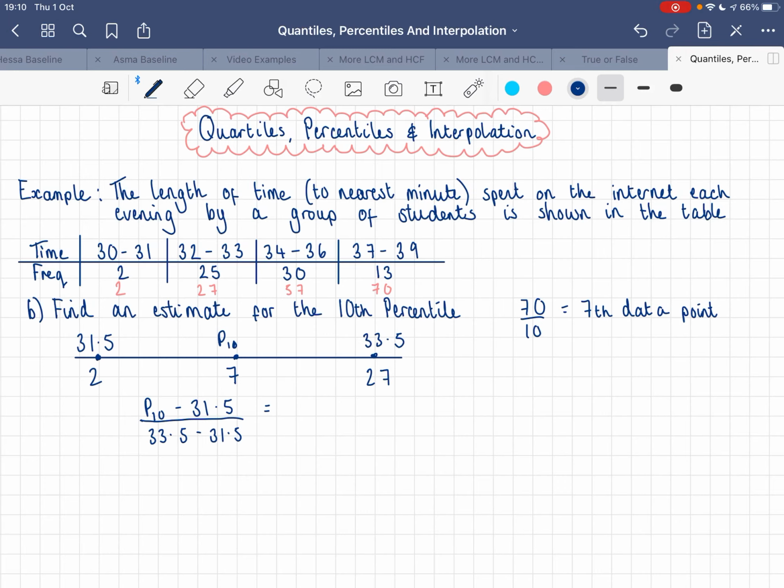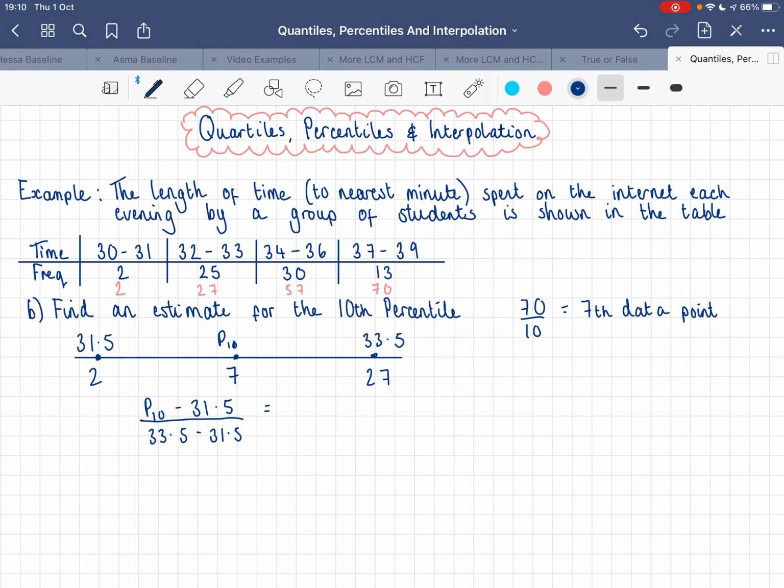And same kind of goes for the frequency side of our equation. You want to know what fraction of the way between 2 and 27 the number 7 is. So again, you can do that by just saying, okay, well, the difference between 2 and 7 is 5, and we're dividing it by the difference between 2 and 27, which is 25.